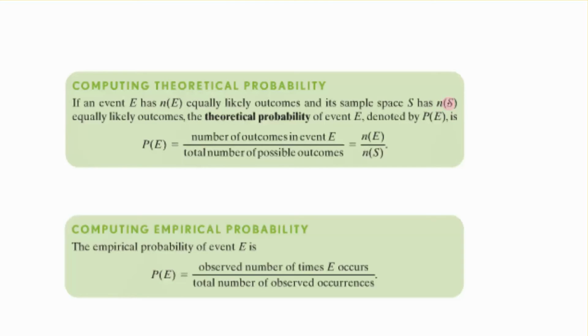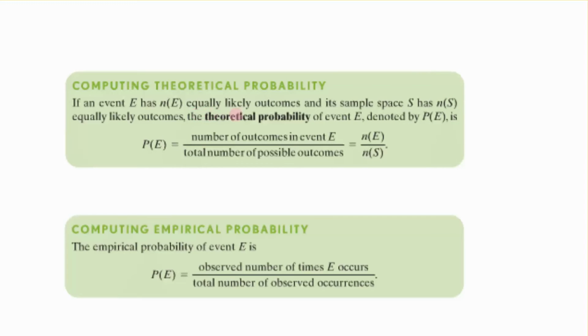The sample space is all of the different things that can happen. So if you're rolling 2 dice and you want to say, what is the probability of getting a 5? Well, getting a 1 and a 4 gives you a 5. Getting a 2 and a 3 gives you a 5. Those are both events. But rolling 2 dice gives you lots of different things, and that's the sample space.